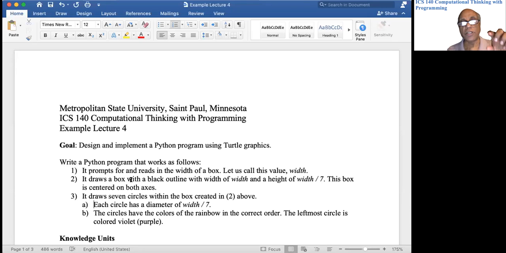The box has to be centered vertically and horizontally with respect to the origin. The circles have to be fitting within the box, and they have to be colored in a certain order. So you will see that the code for this program is not 5 or 10 lines. It's going to be many lines.